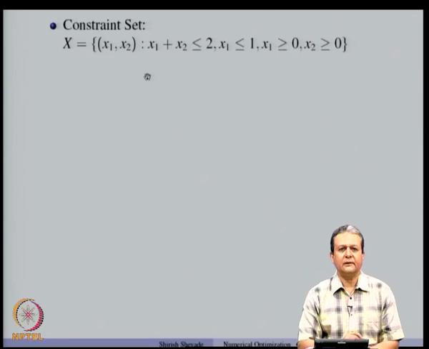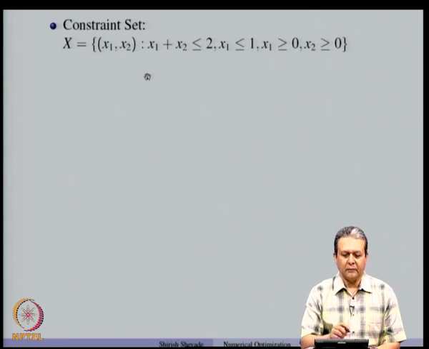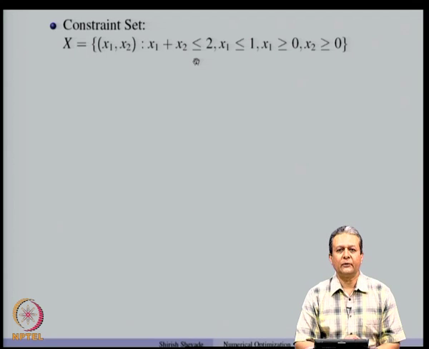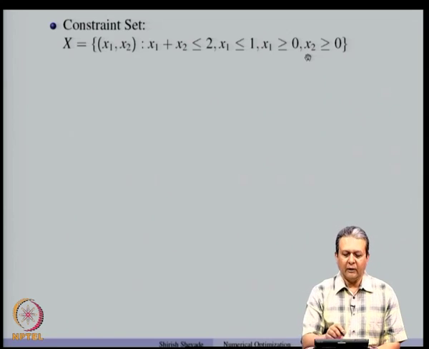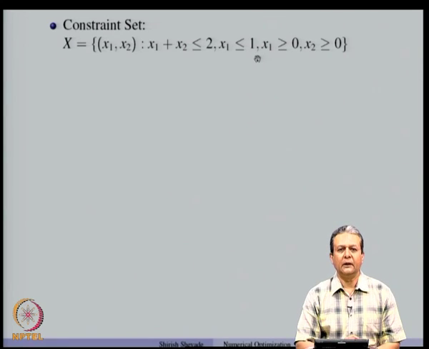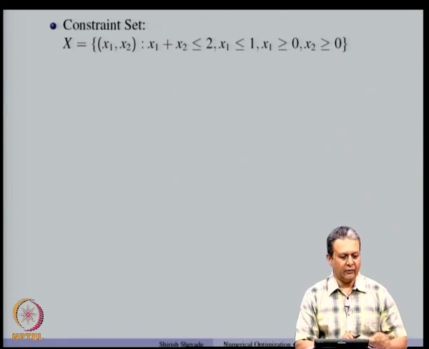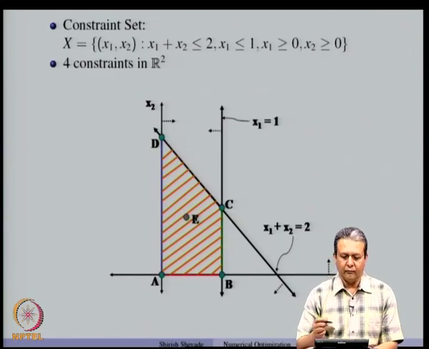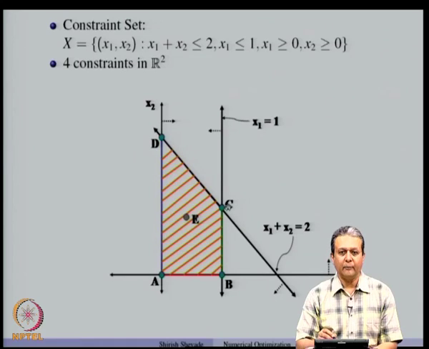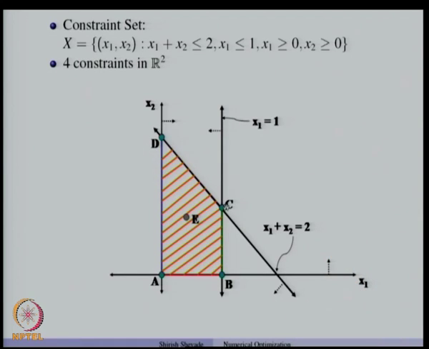Consider the constraint set as the pairs of points x1, x2 such that x1 plus x2 is less than or equal to 2, x1 is less than or equal to 1, and x1 and x2 are both non-negative. Now, we have 4 constraints in this set X. If we take an extreme point or a vertex, you will see that in this 2-dimensional space, only 2 constraints are active at the extreme points.